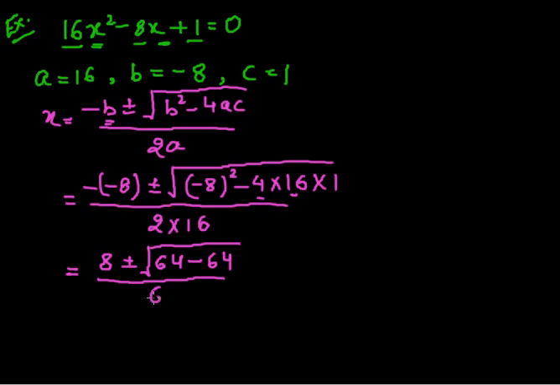divided by 32. It will be equal to 8 plus minus 0 divided by 32.